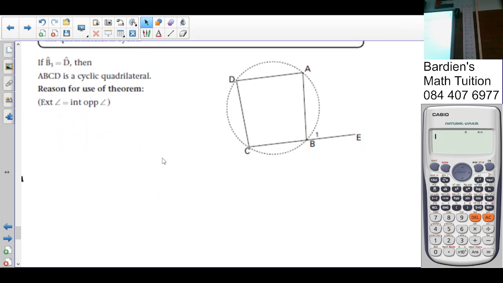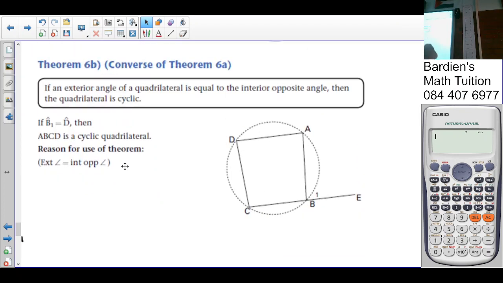Okay. So let's look at an example. This is on page 299.